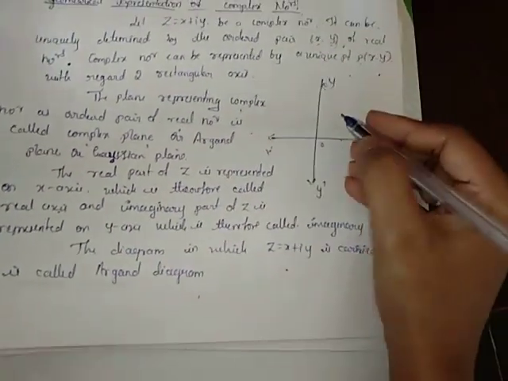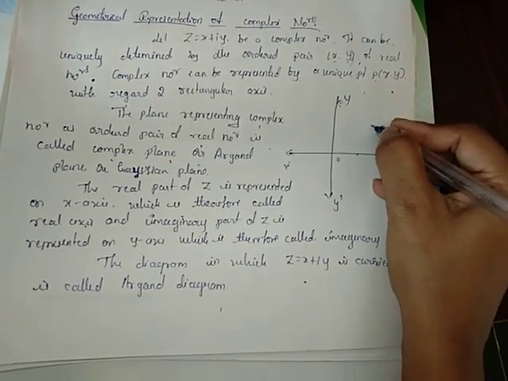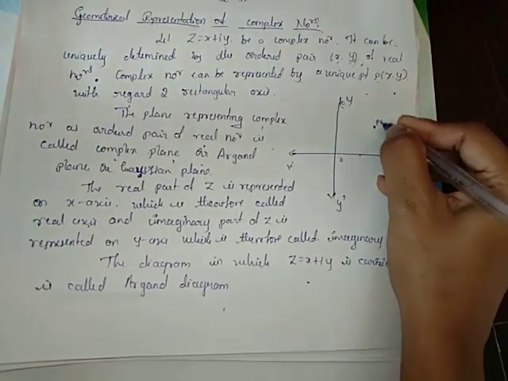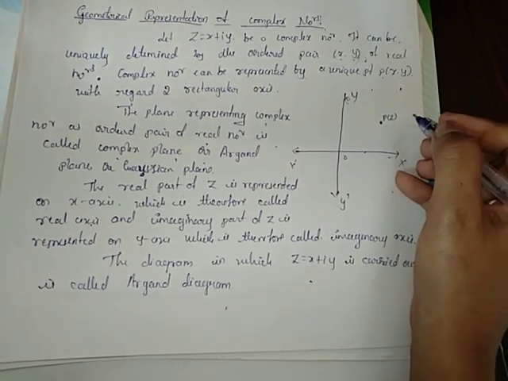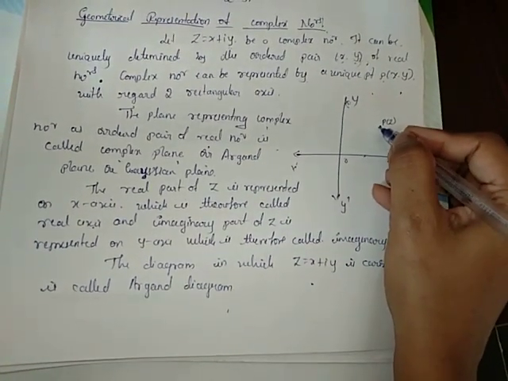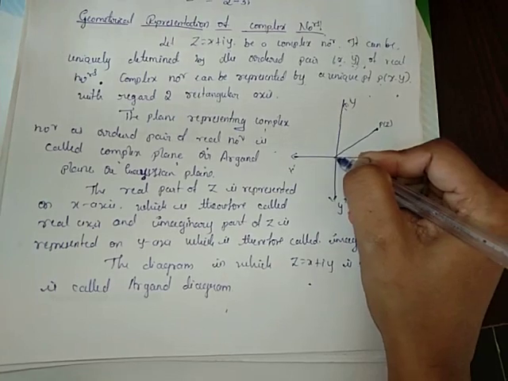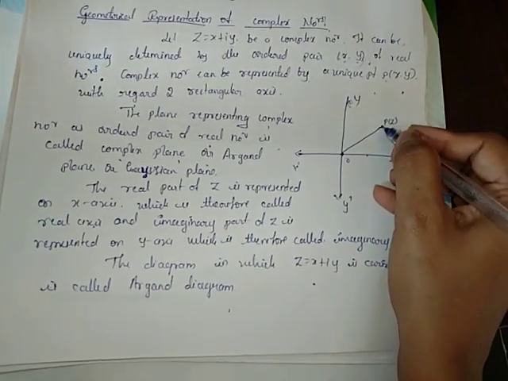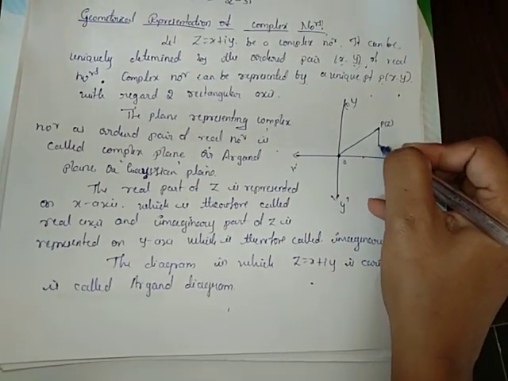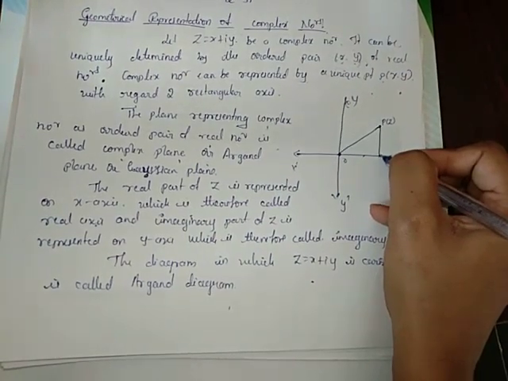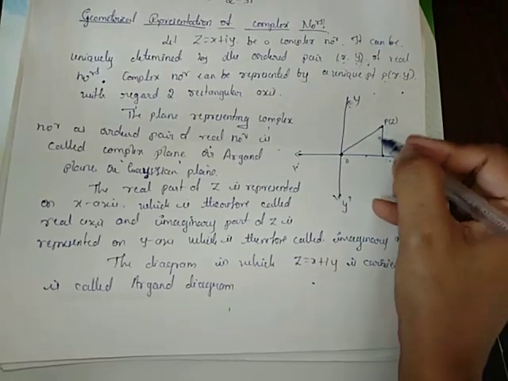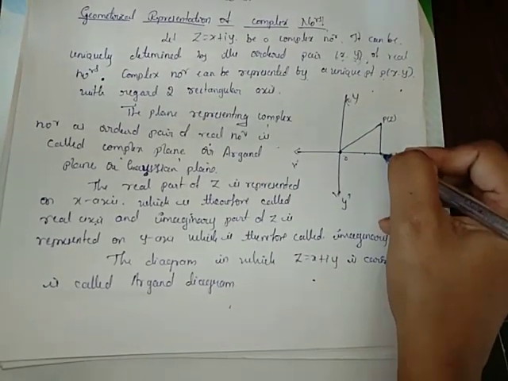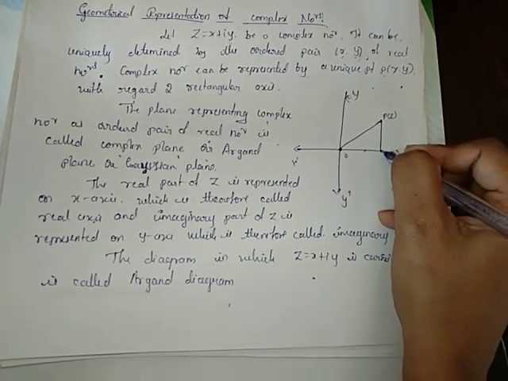So I am just representing here. Consider a point P of z, having the coordinates x and y. I join O to P and draw a perpendicular from P to the x-axis. Now I am considering the conjugate of z, meaning the value of x is the same, only the sign of y differs.